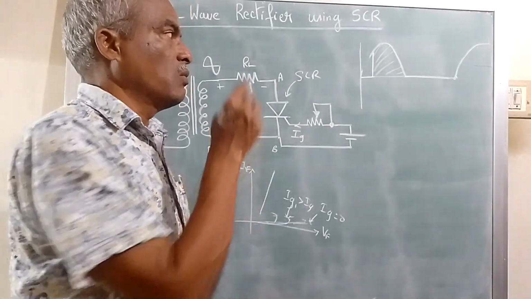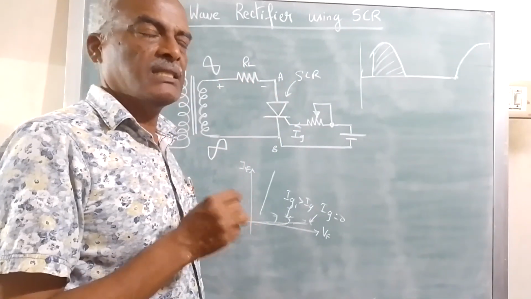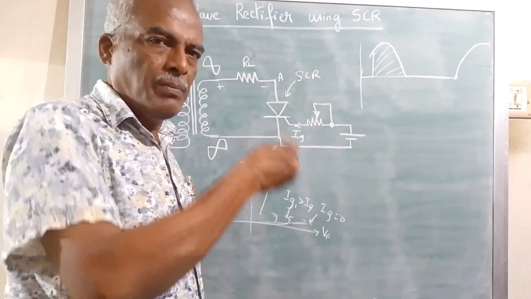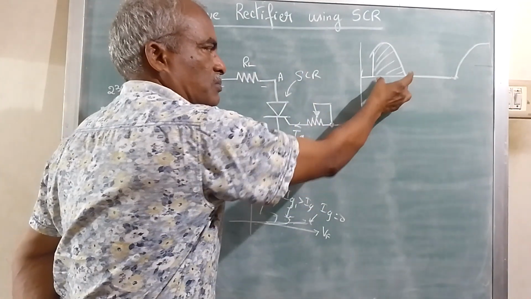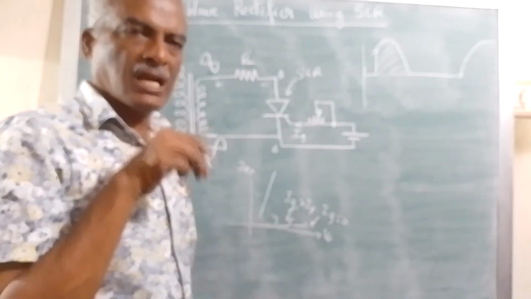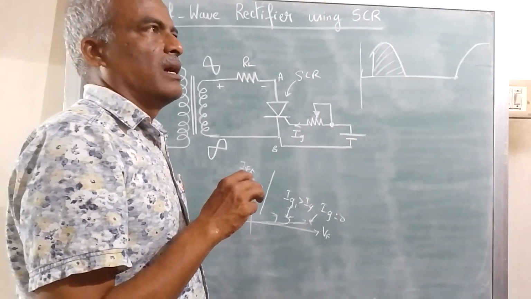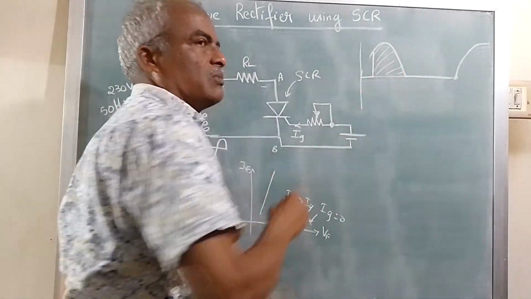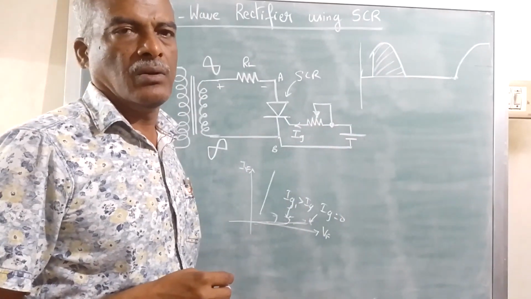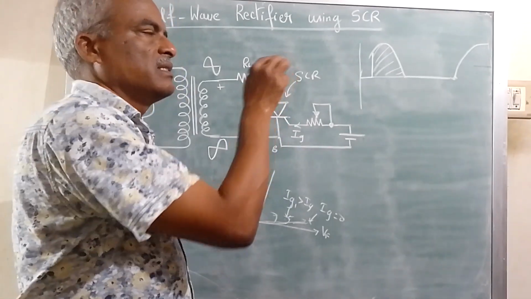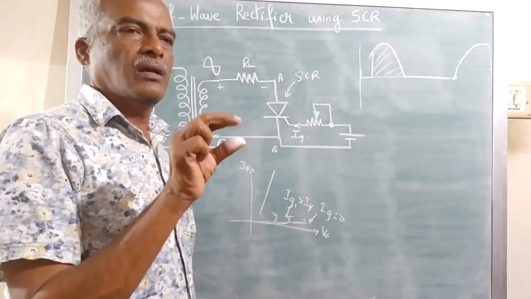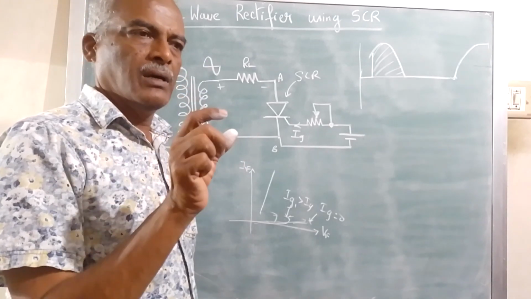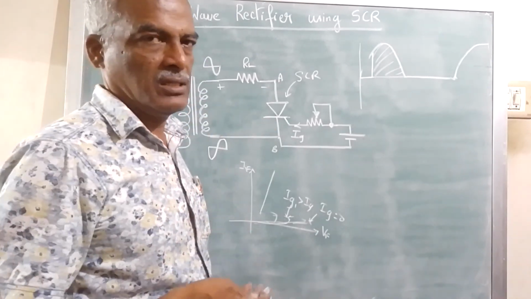So what's the advantage? You can pay the EB bill only for this period, whereas in the conventional case, if you use a silicon diode, the entire cycle is being utilized. In this case, we are utilizing the power based on our requirement.